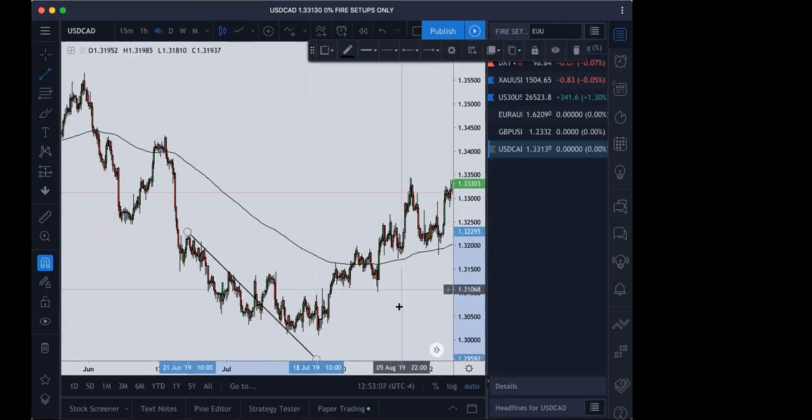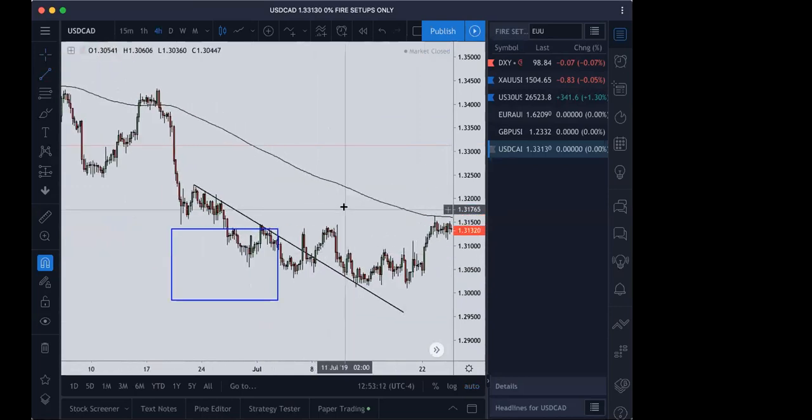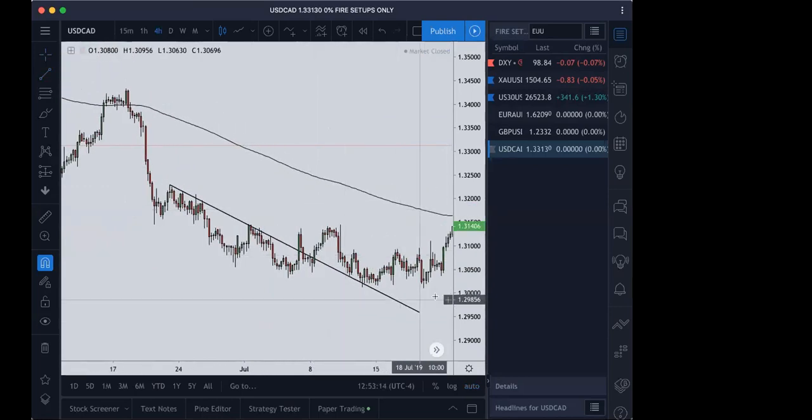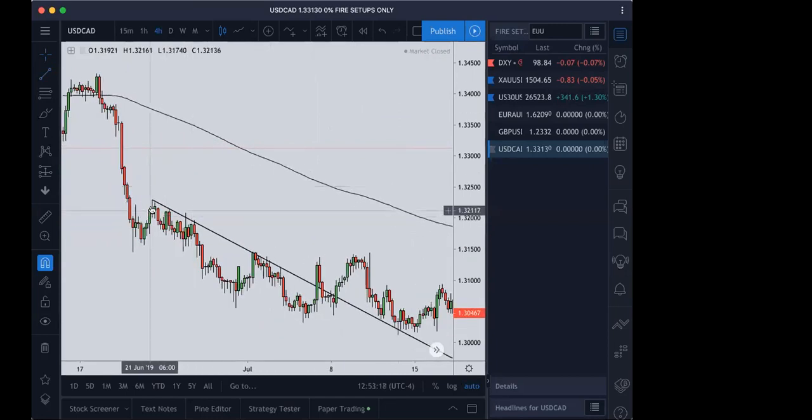Please zoom a little bit closer to this place. Okay, let's try to find a pattern. Okay, so right here we have a bearish W.